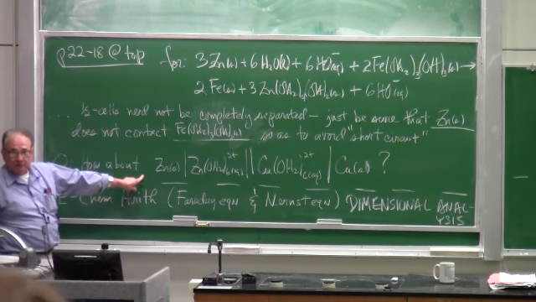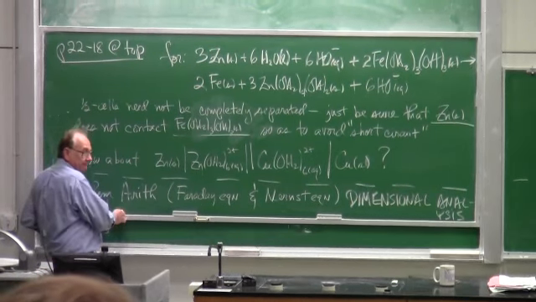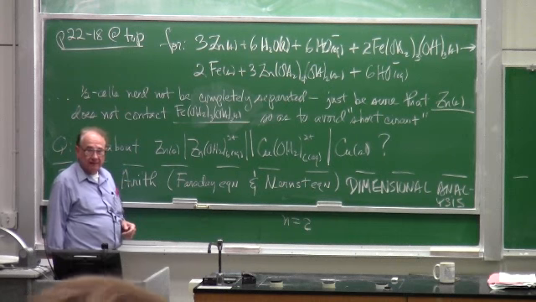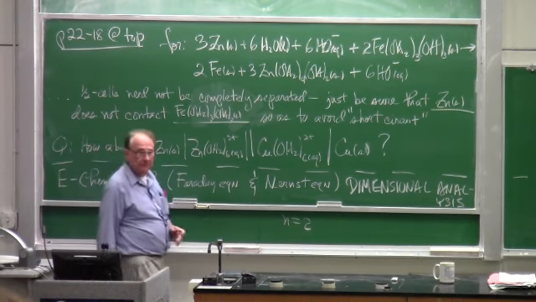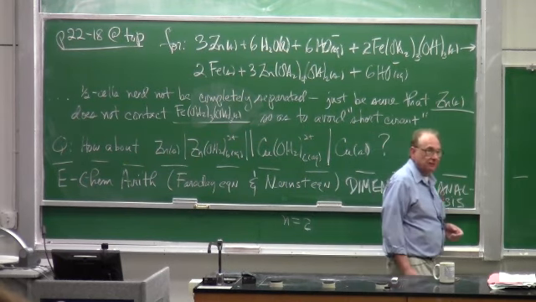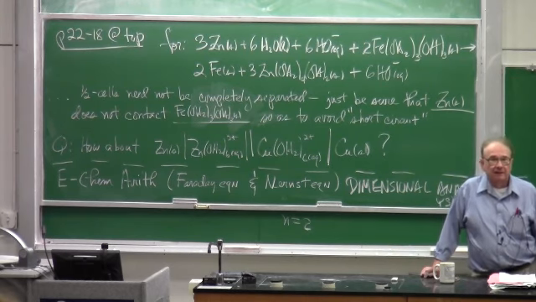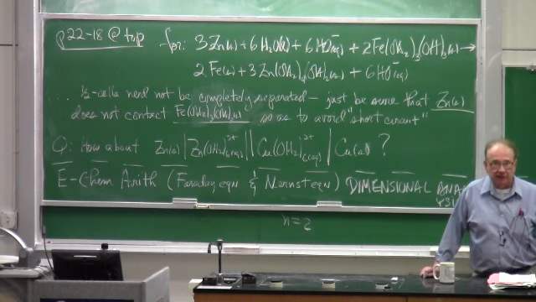But how about this system, which we've talked about previously? Can I operate this system with a single solution? Or must the solution components be physically separated for this system to operate as a cell which will deliver usable electrical energy?